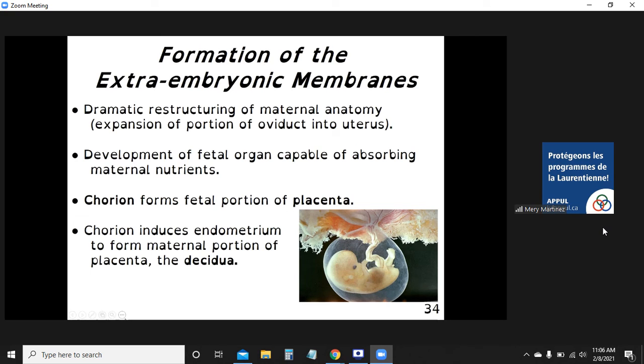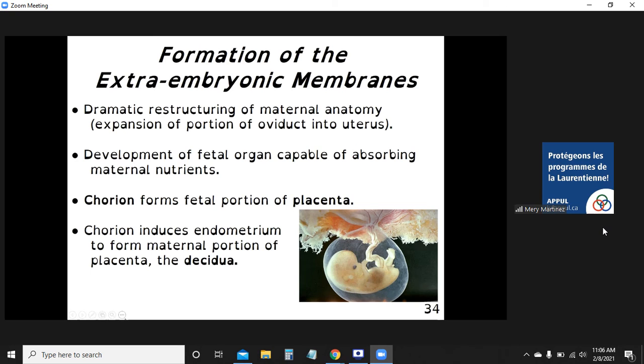So we have two structures. We have a placenta that is from the embryo, and another side of the placenta that is made from the mother. So the chorion enables the fetus to receive oxygen and nourishment from the mom, but also secretes the hormones that block menstruation.